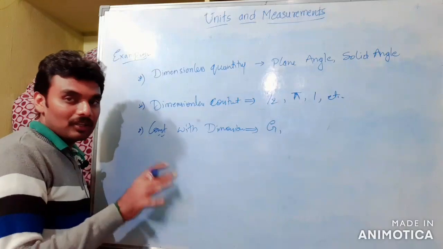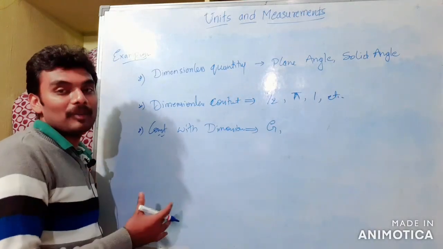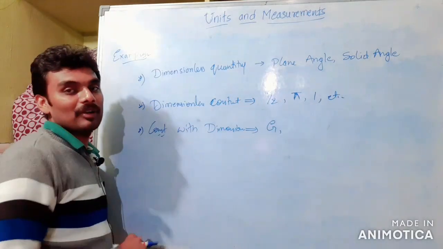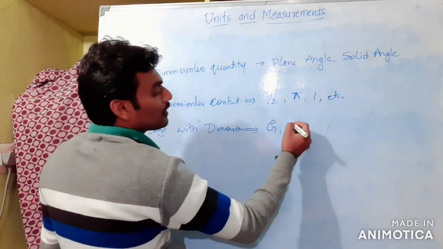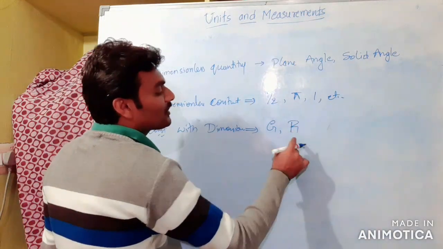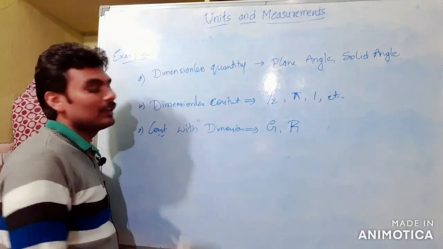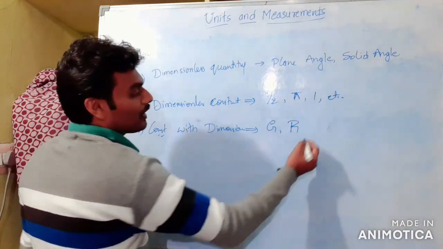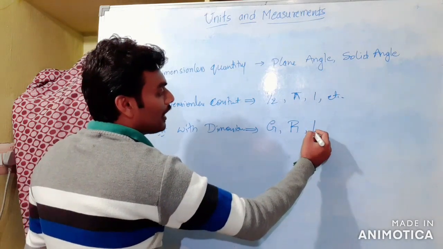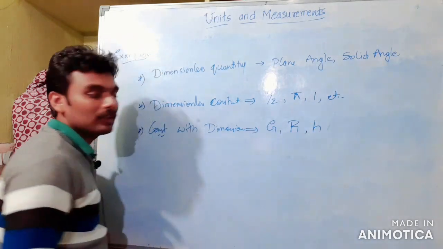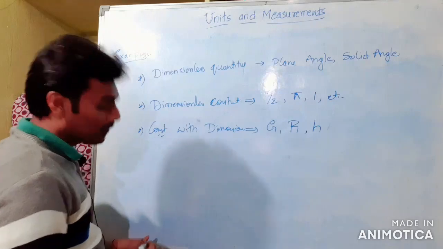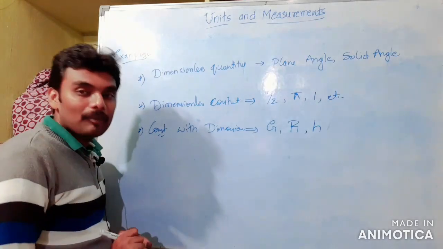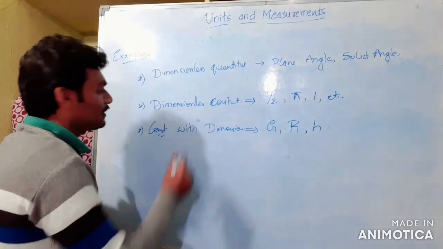It's a constant, not a variable. It is fixed, with dimension. This G has dimensions. And you take capital R, the universal gas constant. This universal gas constant also has dimensions. And you take small h, Planck's constant. Even Planck's constant also has dimensions. So these are the examples.